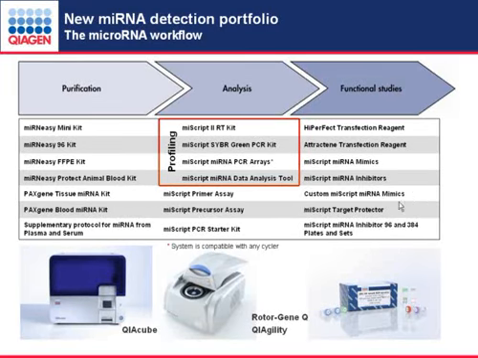QIAGEN has a solution for you. In addition, I'd like to again mention that the purification is amenable to automation using the QIAcube, and we also have a very good qPCR instrument known as the Rotor-Gene Q to do your real-time PCR studies.